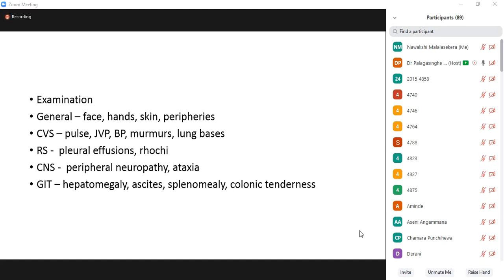Then anything else in the face apart from signs or features of vitamin deficiency like glossitis, angular stomatitis? Dehydration signs. Yeah, very good.